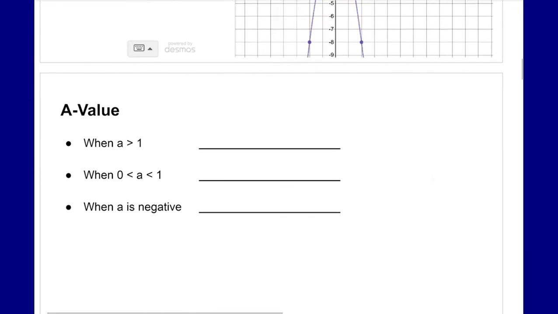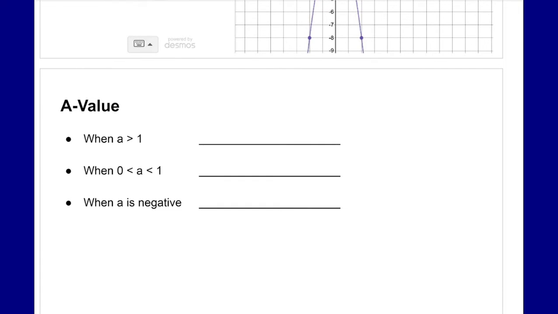What we find is that when a is greater than 1, we have what is called a vertical stretch. You can imagine grabbing the top and the bottom of the parabola and stretching it, and essentially we're making it look narrow. If this is our regular parabola, when we make a vertical stretch, it looks something like that.